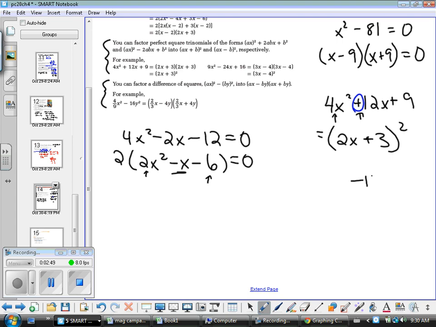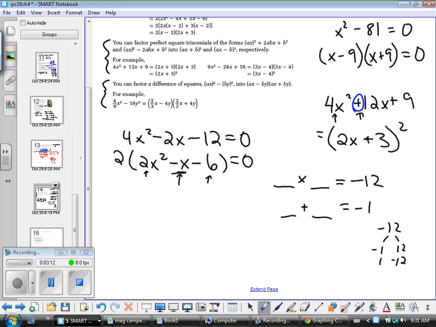That's negative 12. So you're looking for two numbers that are going to multiply to give you negative 12, and they're going to add to give you whatever the coefficient of the x term is, so they're going to add to give you negative 1. A pretty simple way to do this is to start with negative 12 and look at all the pairs of factors that you could multiply together to give you negative 12.